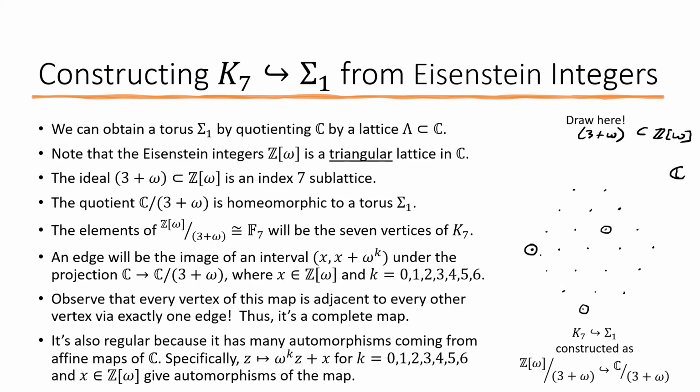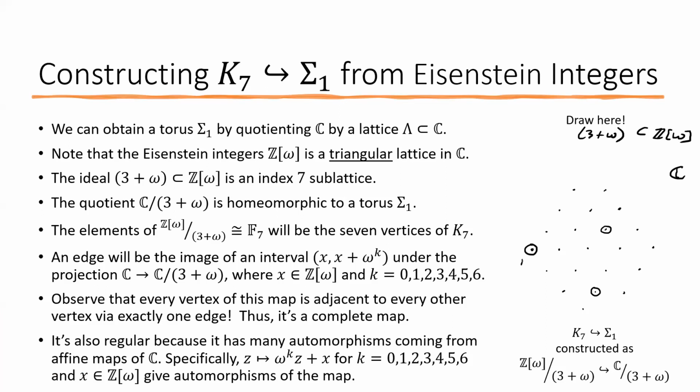Or is it this point? No, that's not true. It should not be that point. It should be this point. So I need to go 1, 2, 3 plus omega. But that's all rotated by omega squared.